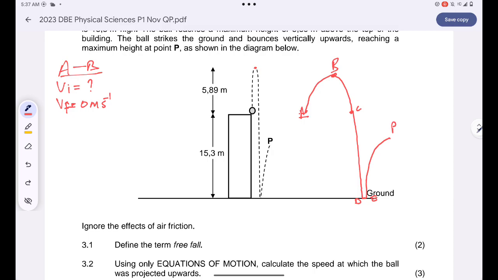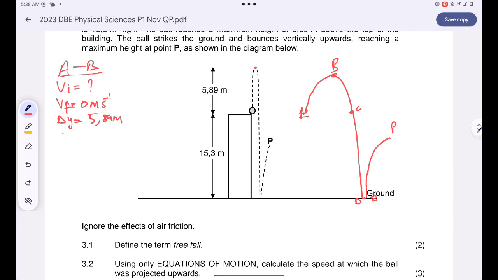The velocity of an object at maximum height is always 0 meters per second. Since the ball has been displaced upwards, the displacement is positive 5.89 meters.